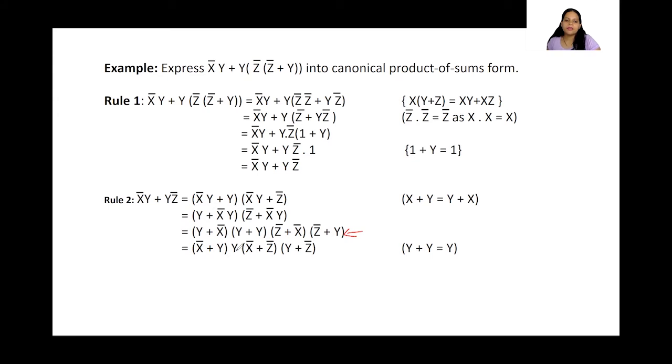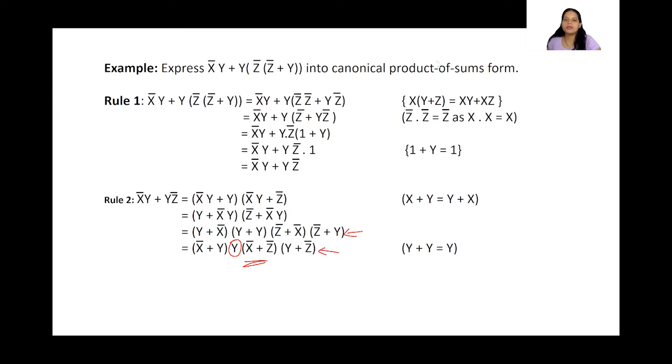Next, see here, y into y plus y is always y. Whenever we do our operation of the same variable with itself, we will get the same element. So this is just reshuffled and written, and then we can keep the rest of the terms like that only. So we got this particular expression now.